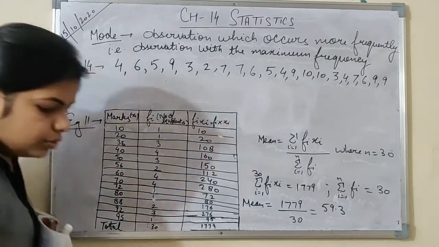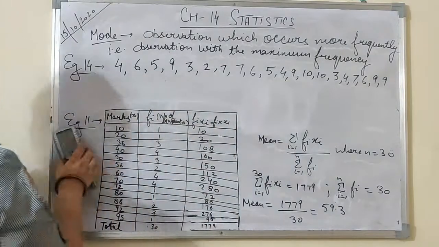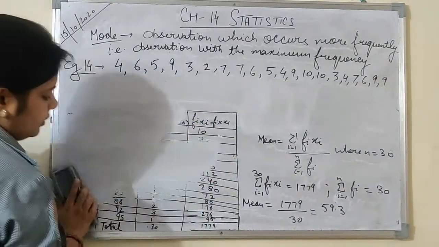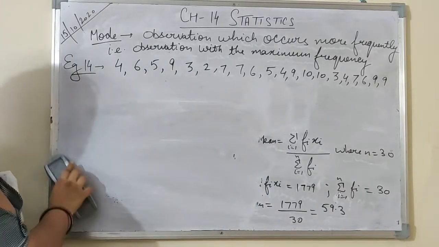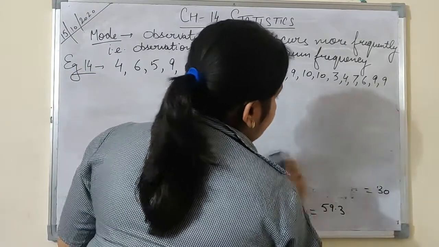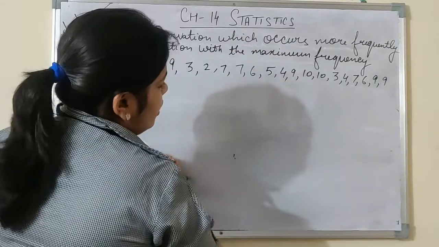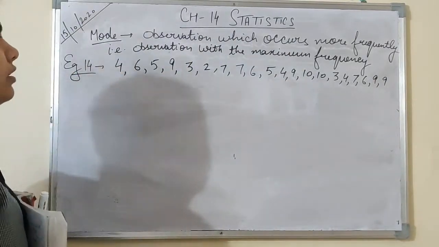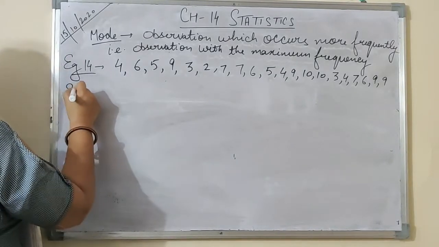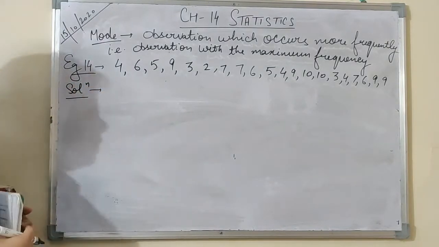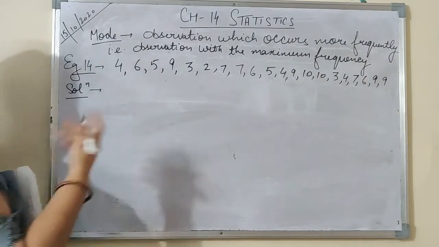Now we have to find the mode in this example number 14. Here, as I have told you, it is the observation which occurs more frequently, or the observation with maximum frequency. So before finding the mode, our first step is that we will arrange our given data in ascending order.